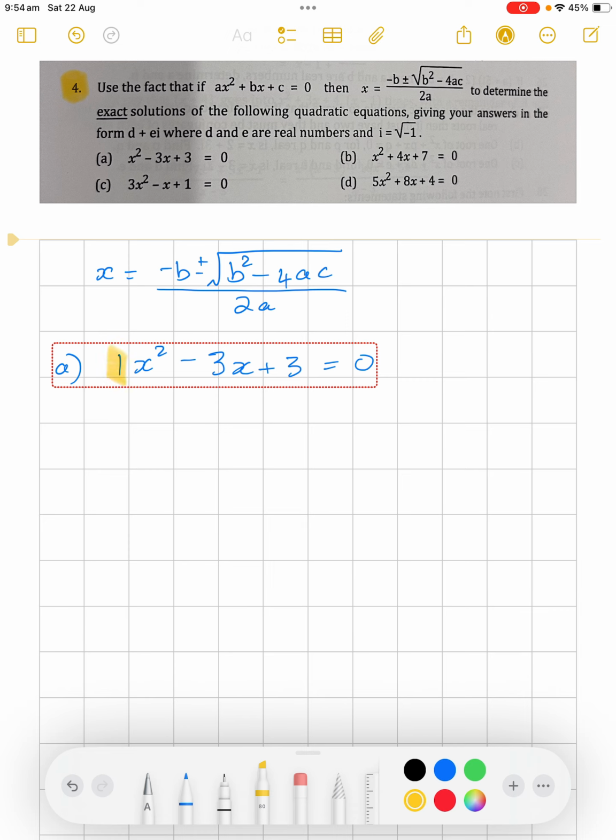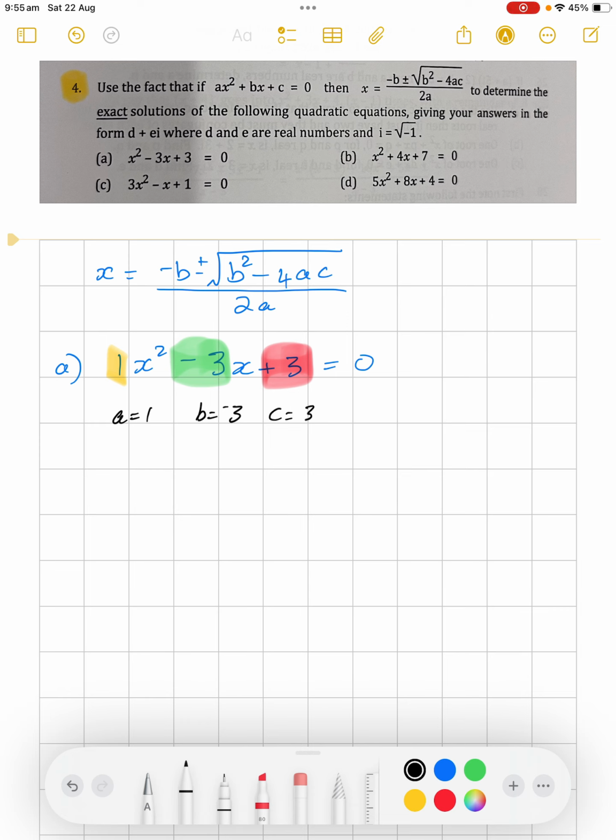However, it's important to know that the a value is 1, the b value is negative 3, and the c value is 3. So in the quadratic formula, it has to equal 0 to use the quadratic formula.